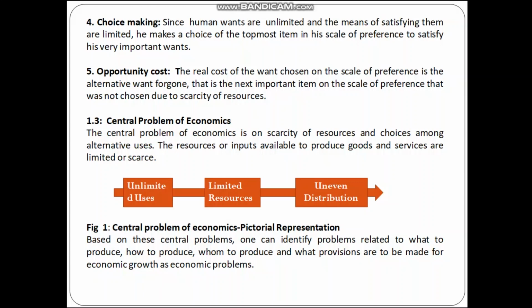This scarcity induces people to make choices among alternatives, and the knowledge of economics is used to compare the alternatives for choosing the best among them. For example, a farmer can plant rice, cucumber, beans, or even vegetables in his land, but he has to choose a crop combination depending upon the availability of funds.